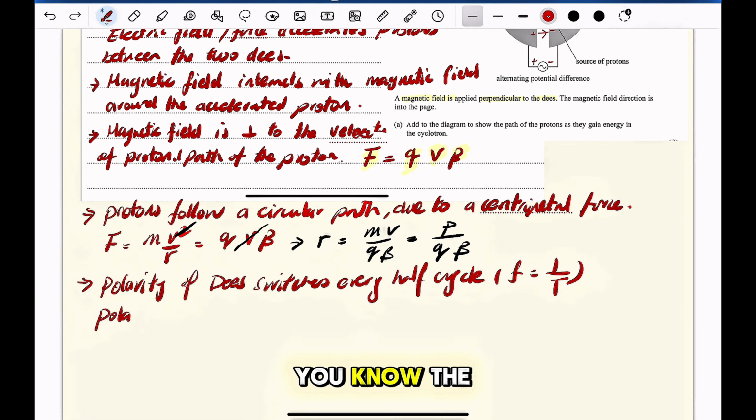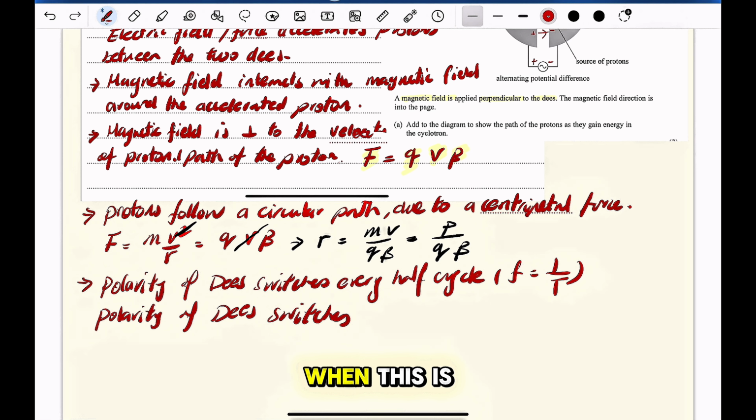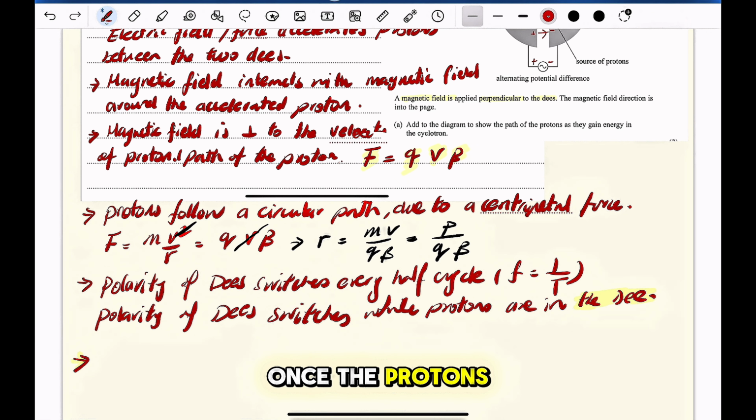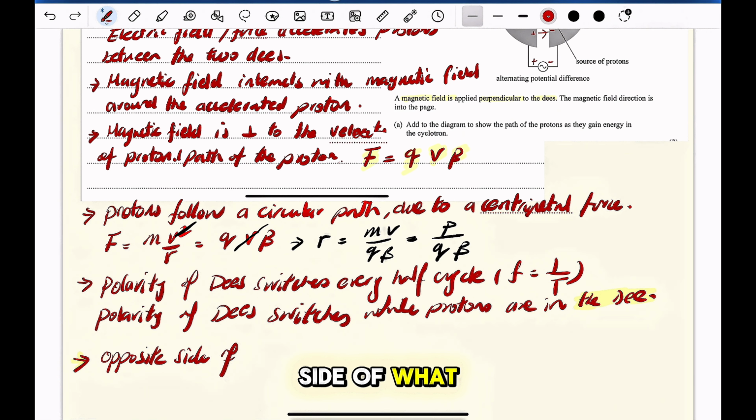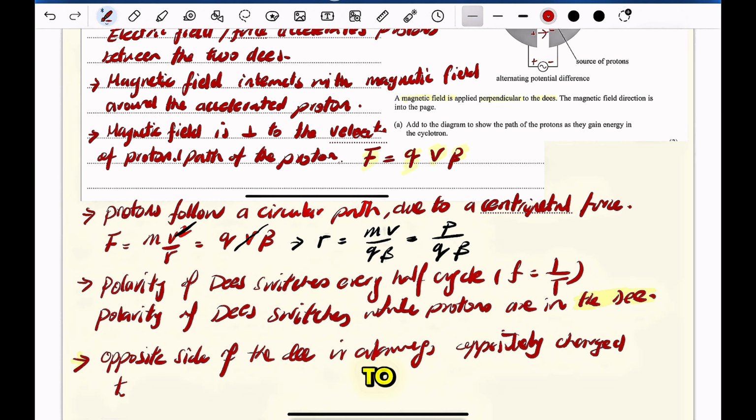Just to let you know, and this is very important, the polarity of the Ds switches while the protons are inside the D. Once the protons are outside, the D is always oppositely charged to the protons.